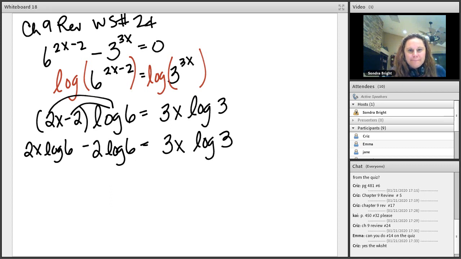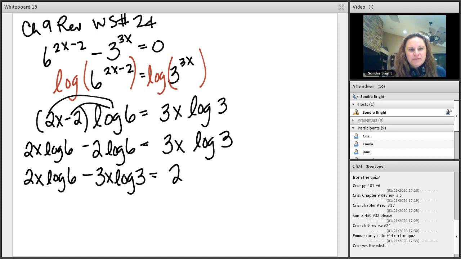So I'll go 2x log of 6. I'm subtracting 3x log of 3, and I'm adding the 2 log of 6 over to the right-hand side.